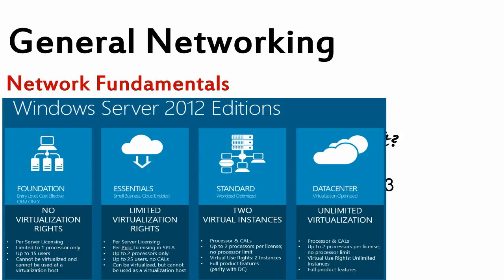As an example, I took Windows Server 2012. As you can see on the screen, let's start with Essentials. This is something that was introduced by Microsoft to replace Small Business Server, SBS 2003 and 2008. They were very popular because it was like an all-in-one solution.